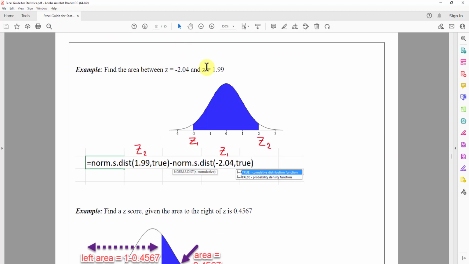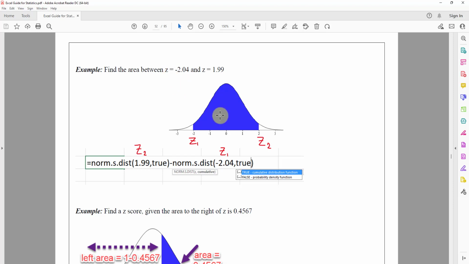Okay, looking at this example, we want to find the area between minus 2.04 and 1.99. So this is the normal curve, right? This is the Z, the standard normal distribution. So you know that if we use Z, then it is the standard normal distribution.